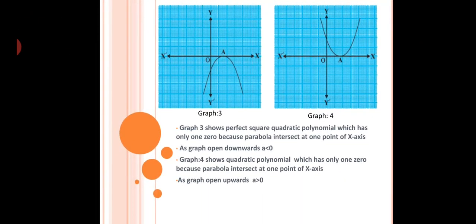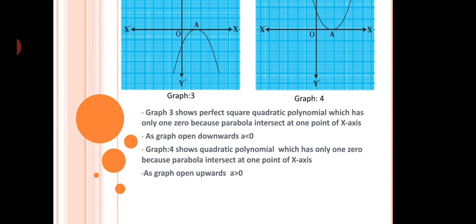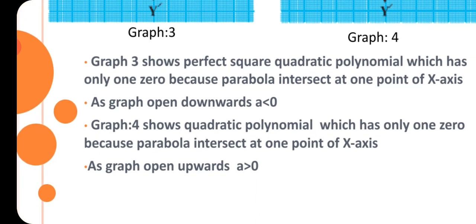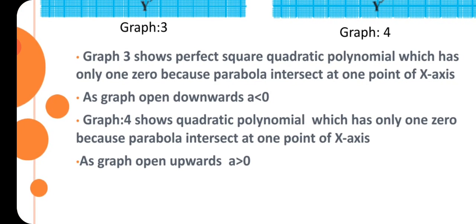Definitely both are curves of a quadratic polynomial which has only one zero, because the parabola intersects the x-axis at one point. As the graph is open downward, for graph 3 we can say a is less than 0, means the coefficient of x square is negative.